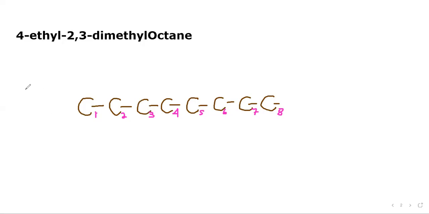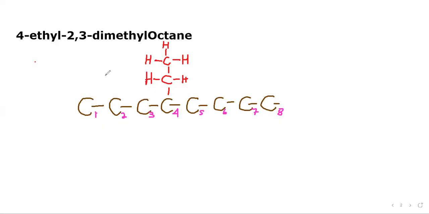And then on carbon number 4, we are having what we call an ethyl group. An ethyl group is CH2, CH3. So we go to carbon number 4 and write an ethyl group, because they're saying 4-ethyl.